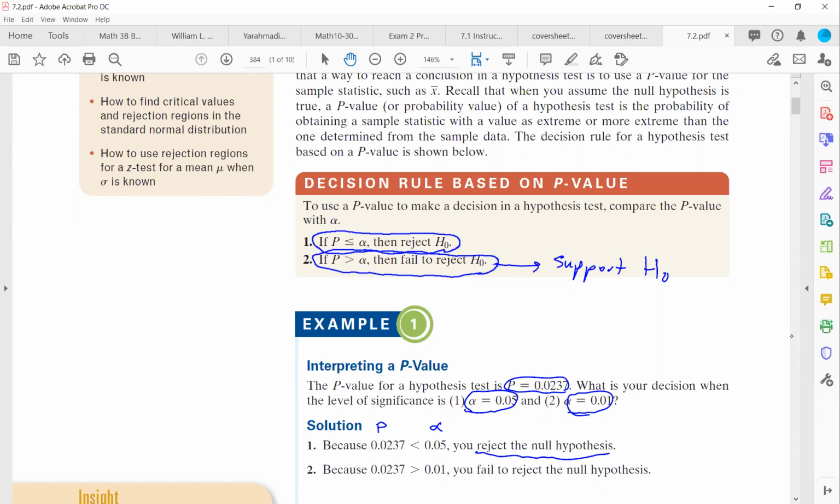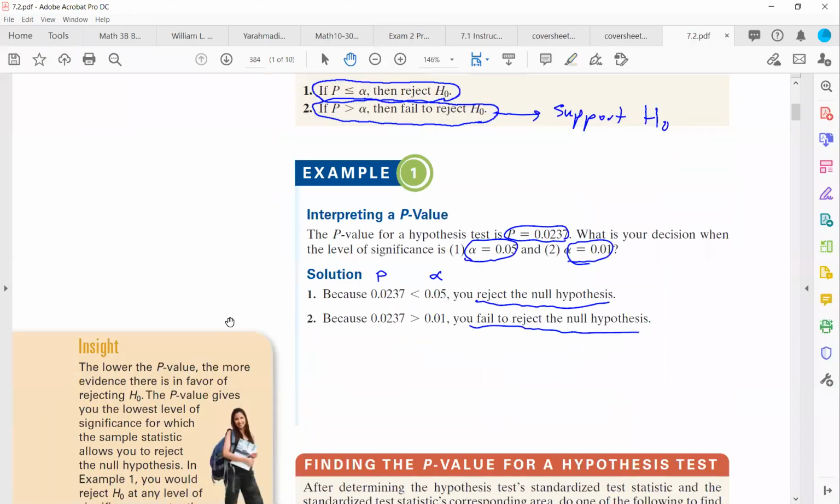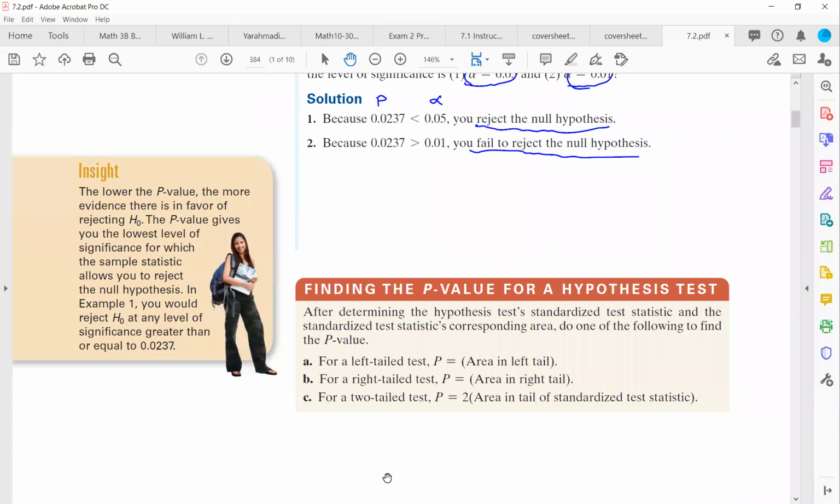If alpha is just 1%, of course 2% is not less than 1%. It's greater than 1%. So you fail to reject the null hypothesis. Very well. Let us continue.